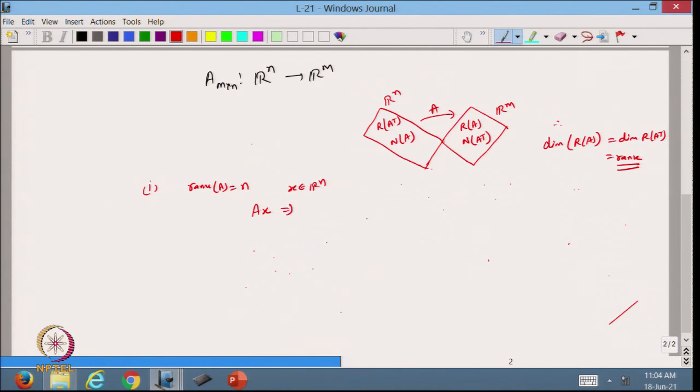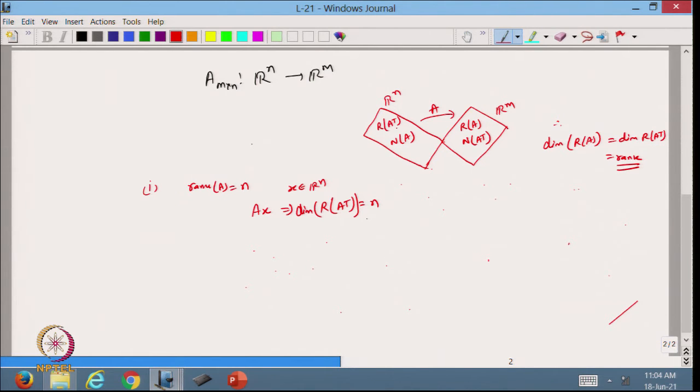So, from here you will see that the range space has dimension equal to the rank, and that is n.